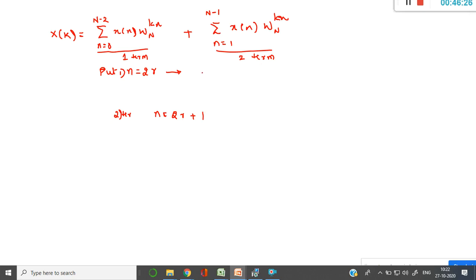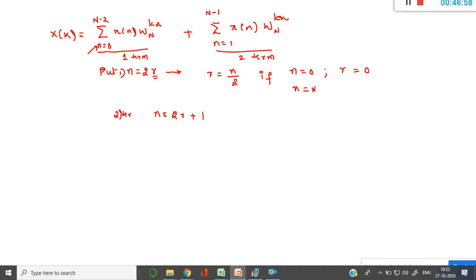Now look at this. Now I can rearrange the limits. Instead of n from 0 to N minus 2, I'll rearrange the limits. Instead of n, I'll put here r. What happens? Look at this. r equals n by 2. Now for the lower limit of the first term, if n equal to 0, r equals 0 itself, right? 0 by 2.